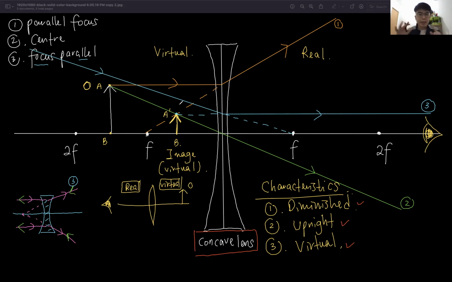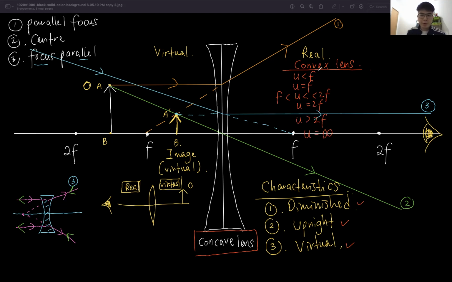Now I want you to draw for a convex lens: u less than f, u equals f, u between f and 2f, u equals 2f, u bigger than 2f, and u equals infinity.